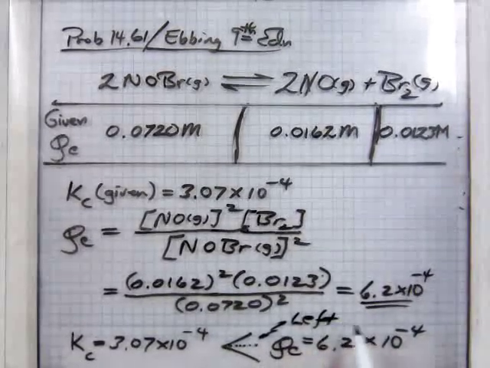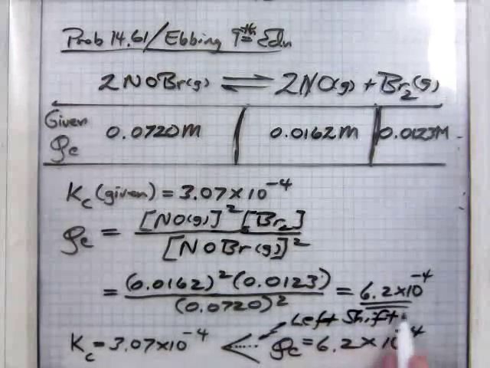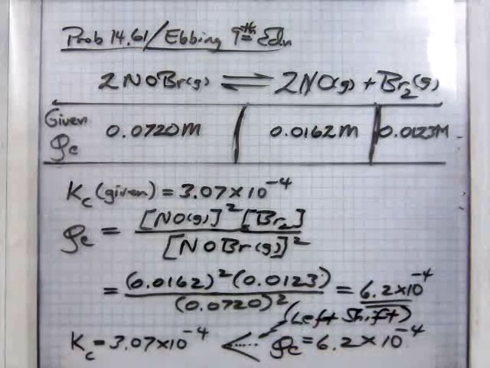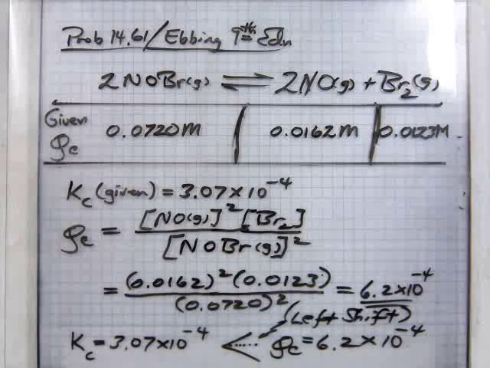Left. That's correct. So how simple that is, once you see that relationship, if you put the K first and then follow with the Q, it points in the direction of, well, I'm assuming you write the reaction, reactants go to products, okay? In that context. And then once you look at the numbers, you can tell who's larger or smaller, and then write your inequality and say, okay, it shifts left or shifts right, or if it comes out equal, you're already at equilibrium. Okay, that makes sense, guys?